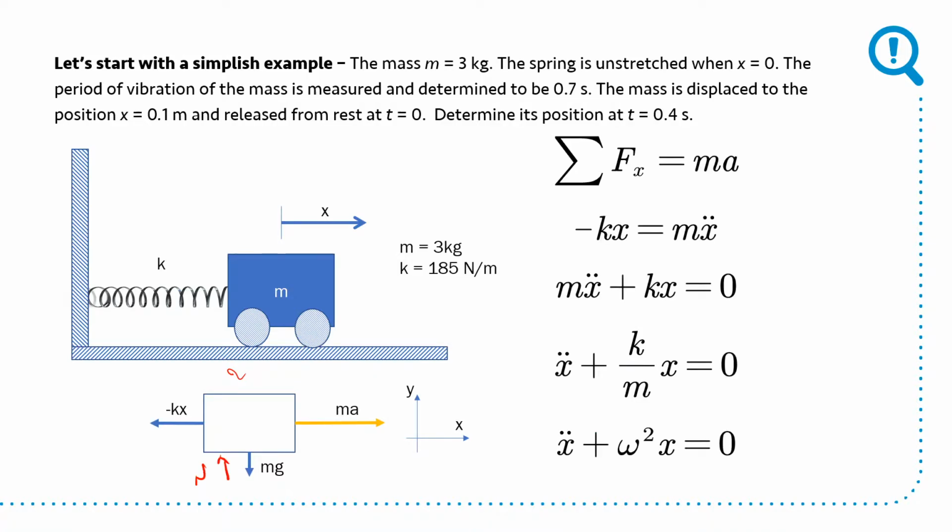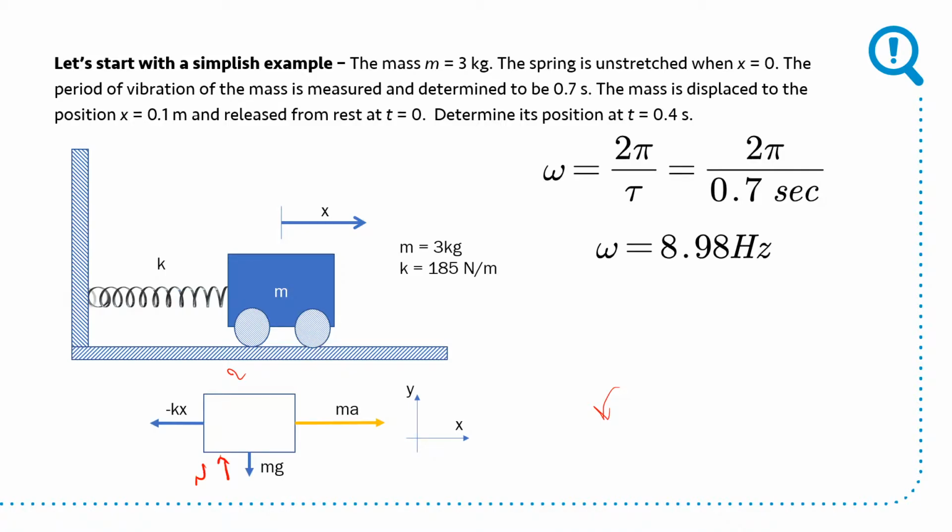If I write that out, I can say sum of forces is equal to mass times acceleration, and then put in all the terms: minus kx equals m x double dot, or m x double dot plus kx equals 0. I end up with our standard expression right there: x double dot plus k over m x equals 0, or x double dot plus omega squared x is equal to 0.